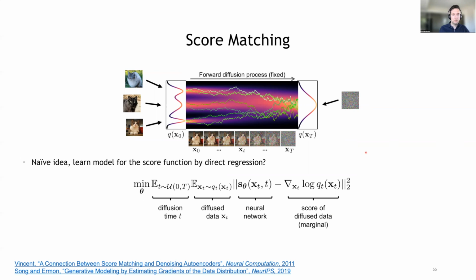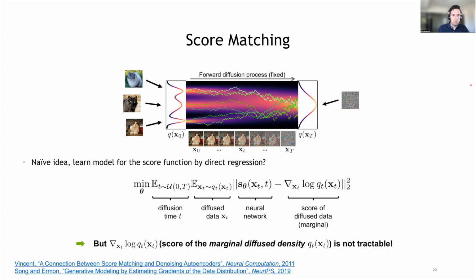Something we could do, for instance, is draw a diffusion time along this diffusion process, take diffused data from this point in the diffusion process, sampled from q_t(x_t), and feed it into a neural network as input. Maybe we also additionally give it the time, and train it with some simple squared L2 term, which we minimize. We train it to predict the marginal score of the diffused data.